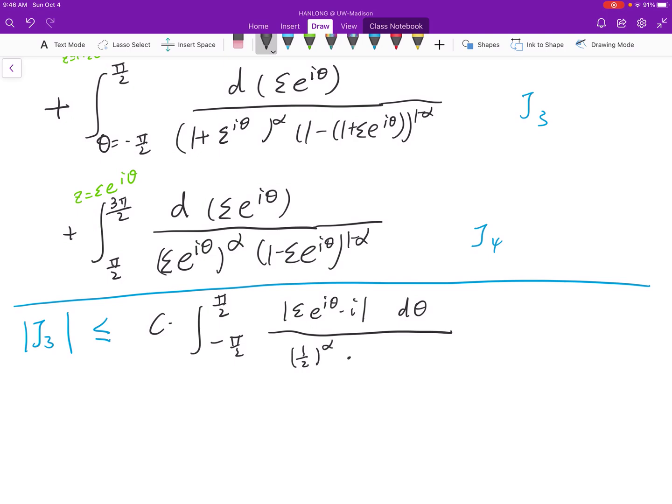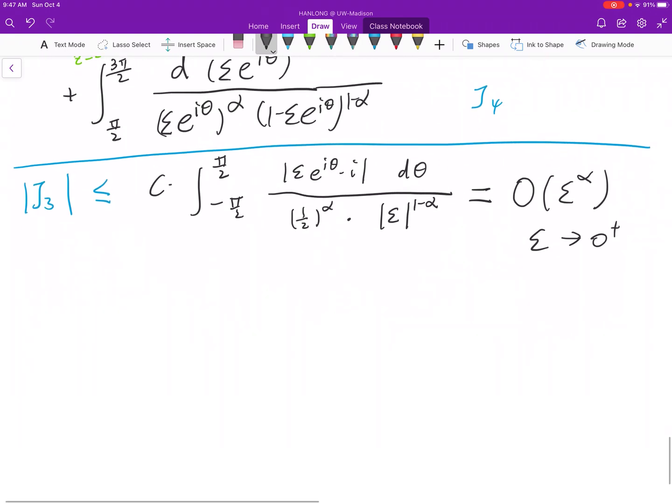and the second term is bounded by epsilon to 1 minus a half. So finally, it's all of order epsilon to the alpha's power when alpha goes to 0.